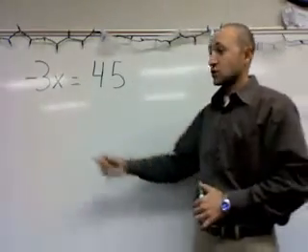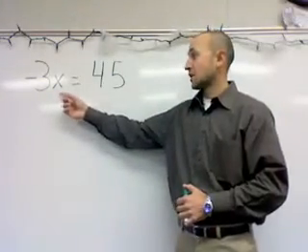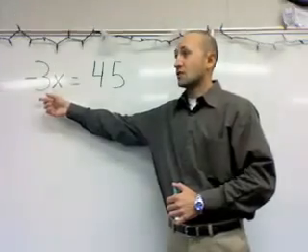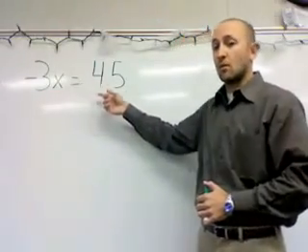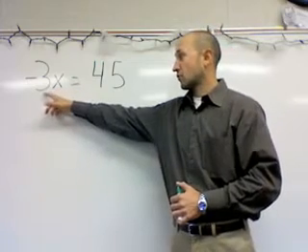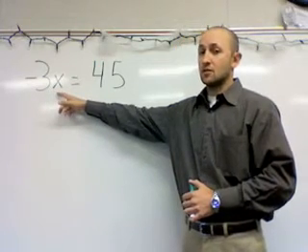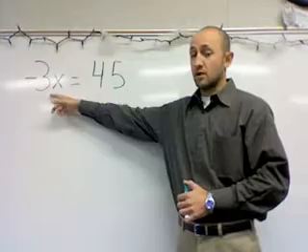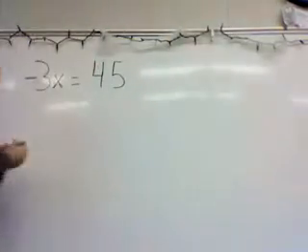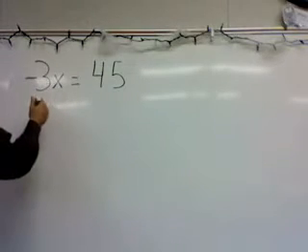So if I look at this equation, I have negative 3 times x is equal to 45. So what I want to do is the opposite operation on both sides of this equal sign. And since it's negative 3 times x, I know that the opposite of multiplying is going to be division. So what I want to do now is divide both sides by this negative 3.